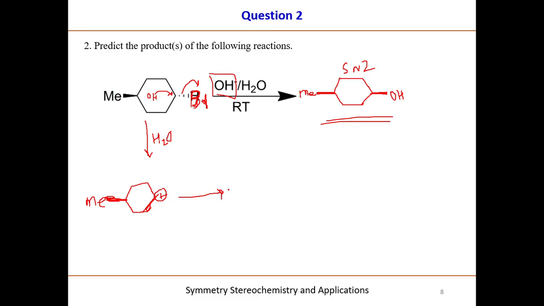So after the formation of the carbocation, the nucleophile will attack from both sides. The possibility of the nucleophile to attack from both sides is there. So from the front side it can attack, or it can attack from the bottom side. Okay. So we will get racemic products, two products.